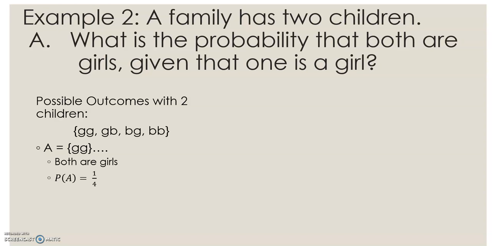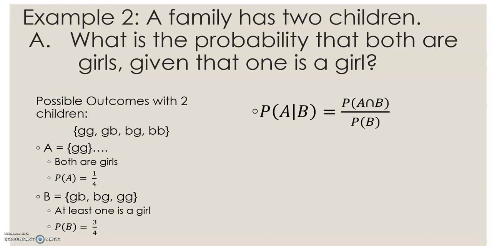Probability that both are girls is 1/4. We'll let B be the set that one is a girl. That's girl, boy, boy, girl, and girl, girl. At least one is a girl. Probability of B is 3/4.